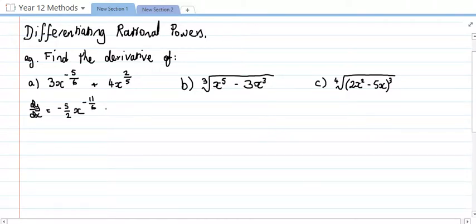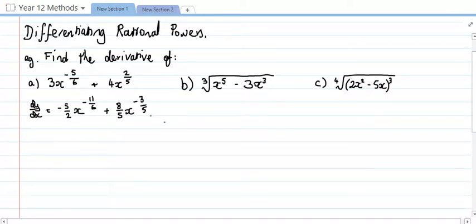The next part, so the 4x to the 2/5, the 2/5 goes down the front making 8/5. Then we've got x, and we need to take away 1 from this power, leaving us with negative 3/5. And that's done.